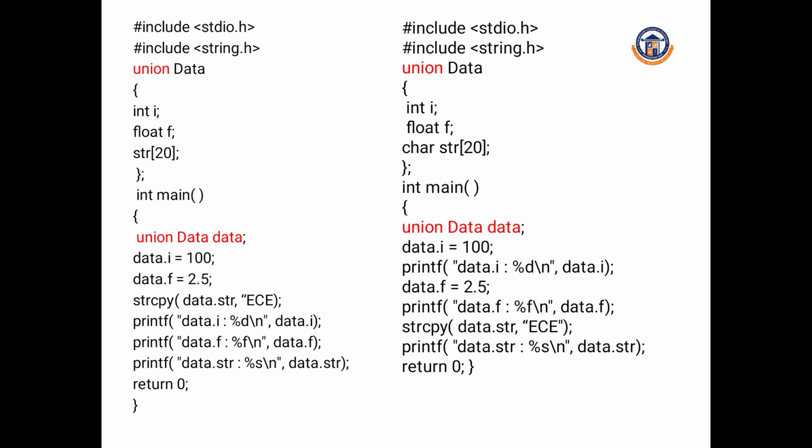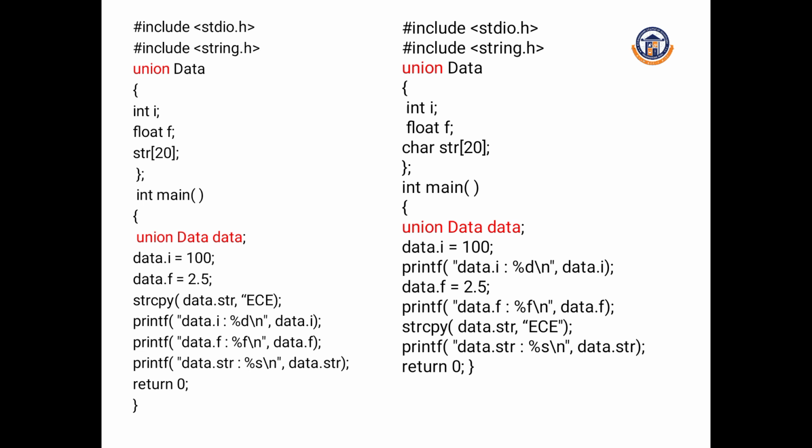So I have used the string header file at the beginning. If you are using any particular functions here, you must add the corresponding header at the front, so #include string.h. strcpy copies ECE to data.string. Then printf: data.i is %d, data.i, which is variable dot member.